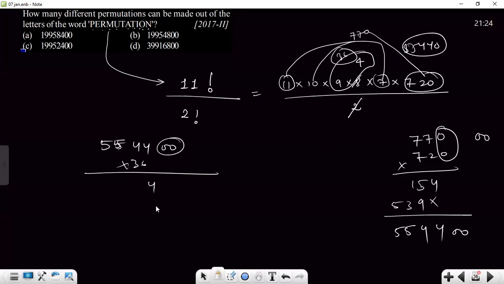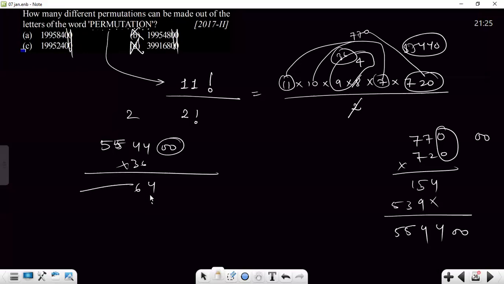Just after writing this question, I'm looking at the options. After two zeros, there are two zeros in every option. The unit place should have 4. Here it is not. Here it is not. Now we'll look for the two options. 6 into 4, 2 carries. 6 into 4, 6. 2 carries.